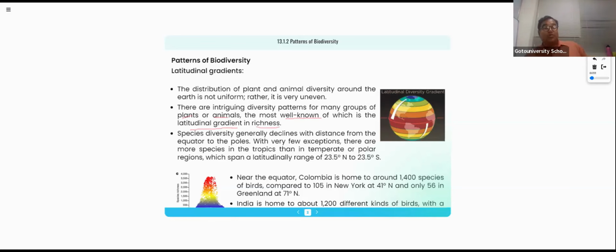At the equator and the area nearby to the equator, the population size is maximum.